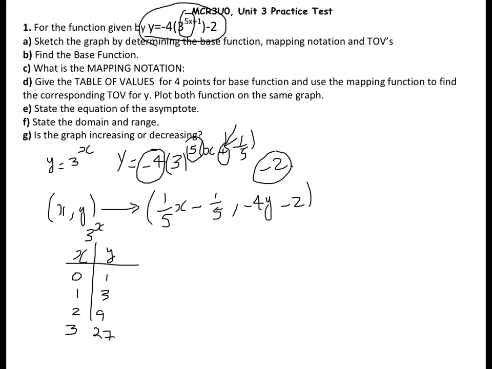Now that we have the base function, we are going to go with the function given here. To do the new function, I'm going to use the mapping notation. This tells me that for every x, I have to multiply by 1 over 5 and then subtract 1 over 5. For the first one, if I multiply 0 by 1 over 5, I get 0, and then negative 1 over 5, which is negative 0.2.